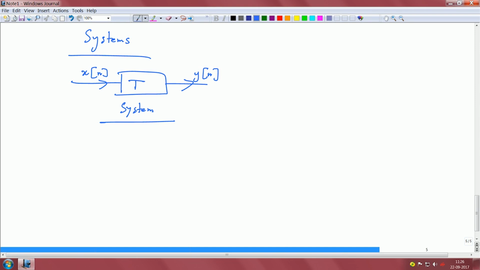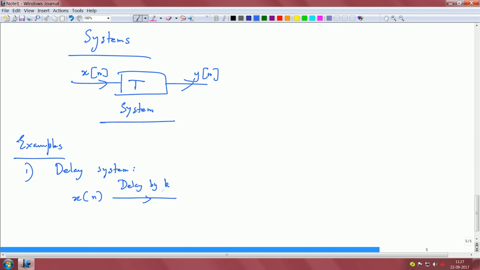There are many systems. The simplest system is the delay system. So, if I take an input x of n and I delay by k units, I get x of n minus k, and that is a delay sequence.